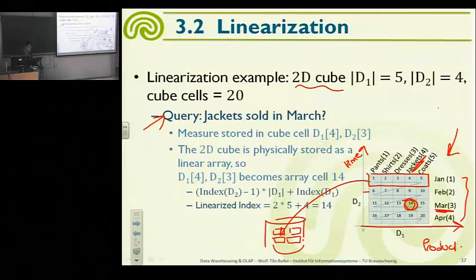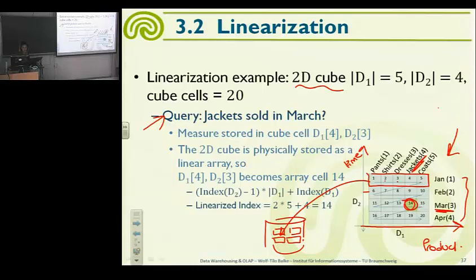Can anyone see what the problem with something like that could be once you do it like that? I mean, it's perfect. Now, for instance, if I want to find all the sales that I had in January, let's assume the disk block size is 5, so each block can hold 5 of these cells.